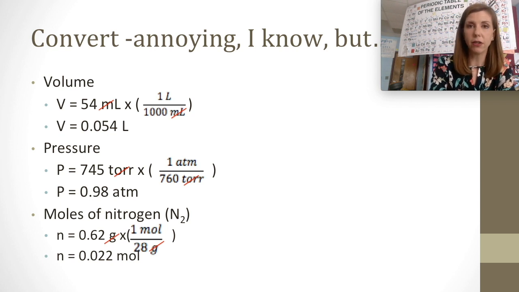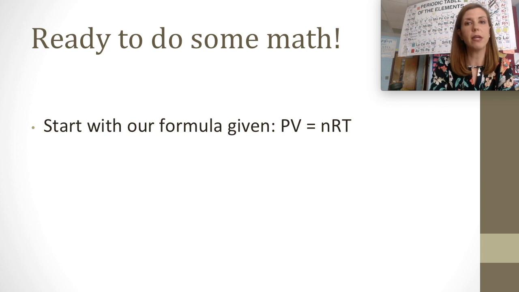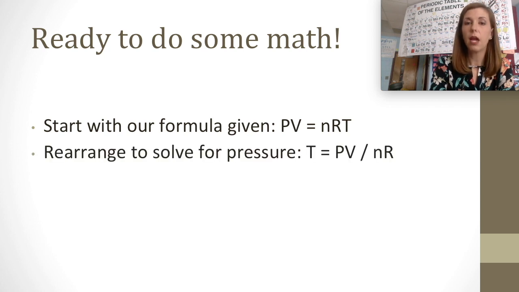Using these values, I will then use my PV = nRT equation, and I need to rearrange it to solve for temperature. To get temperature alone, I'm going to divide by n and R to the other side of the equation. So now my equation is pressure times volume divided by the number of moles times the universal gas constant.